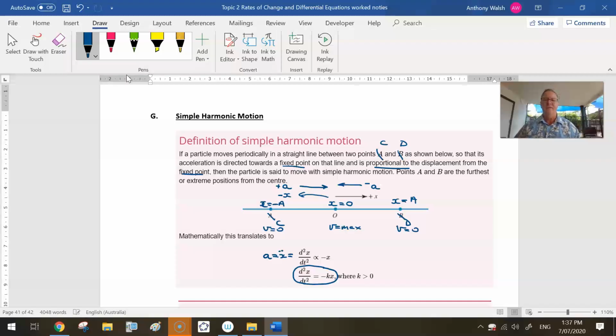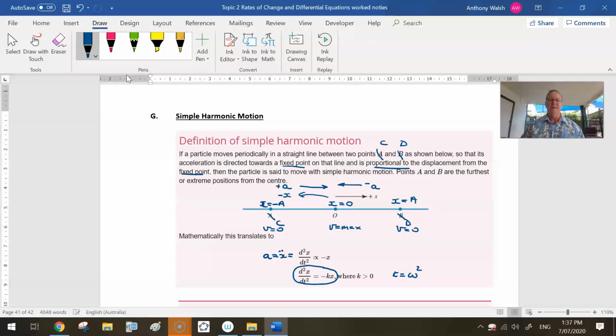Now, for convenience sake, from now on, we're going to change k, the constant of proportionality, into the lowercase Greek symbol omega, which looks like a funny w, but squared. We square it because later we might want to find the square root of k, and getting the square root of omega squared is a bit easier than finding the square root of k.